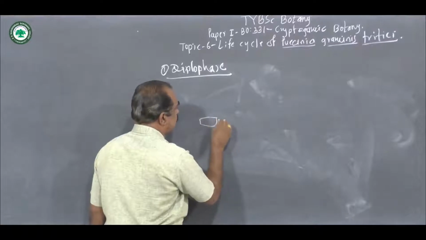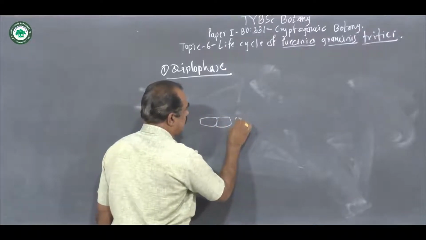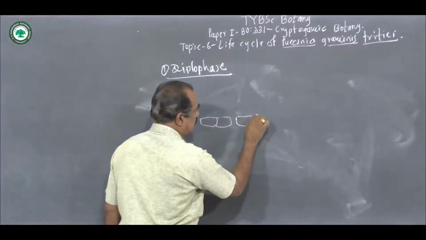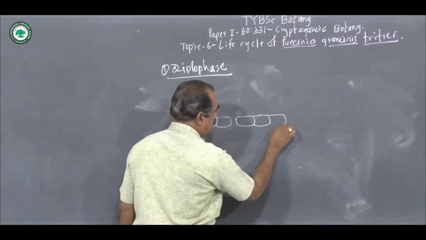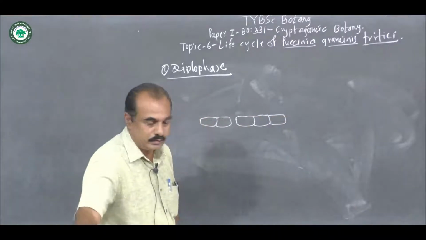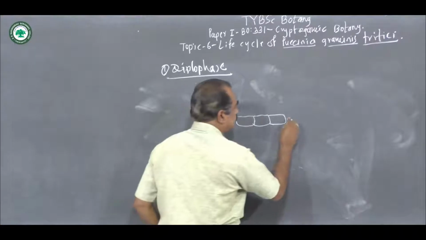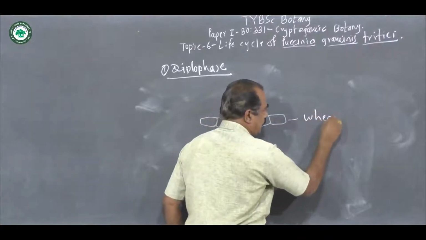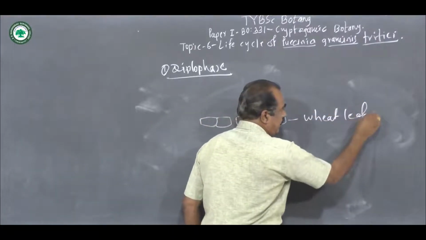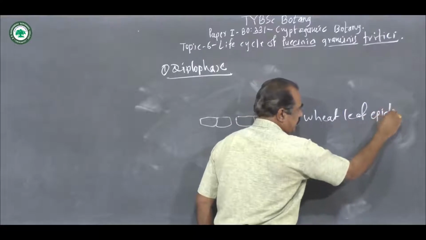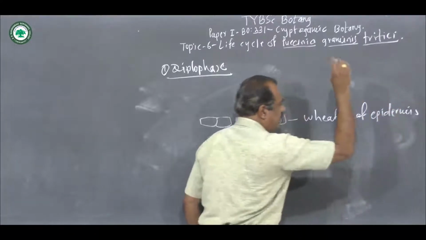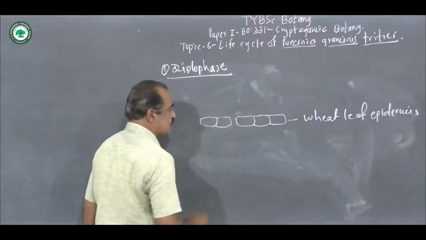So, this is the host epidermis. Wheat leaf epidermis, that is the upper epidermis. Here there is the stomata.